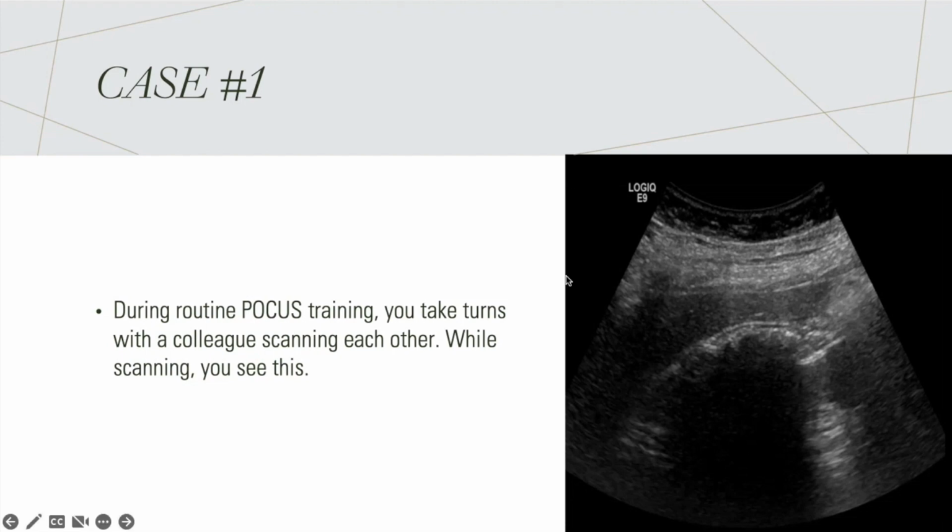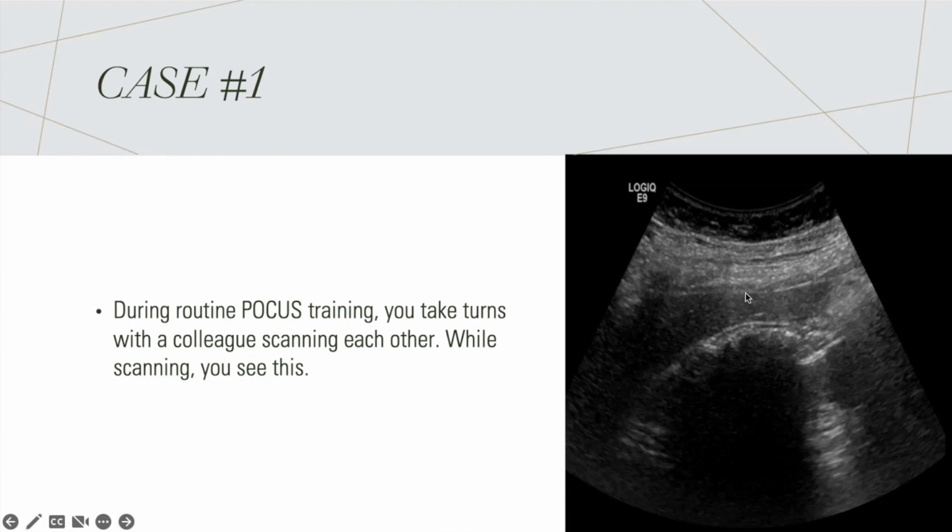So in this image, it looks like it's a pretty good quality image. We do see the different echogenicities here. I think our depth is good, our gain is good as well.